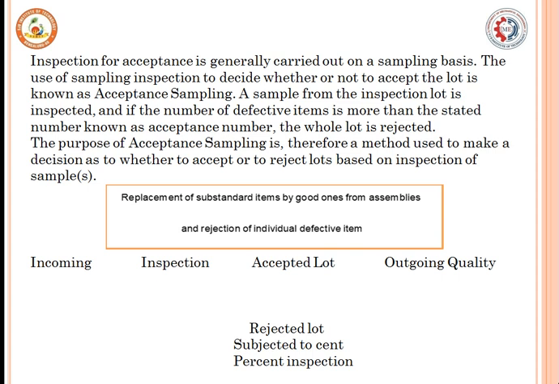The purpose of acceptance sampling is a method used to make a decision as to whether to accept or reject a lot based on inspection of samples. Here incoming inspection will be done, accepted lot, outgoing quality will be done. A rejected lot is subject to 100% inspection. Here they take the lot and check all the components thoroughly. Based on that the lot may be accepted or rejected.